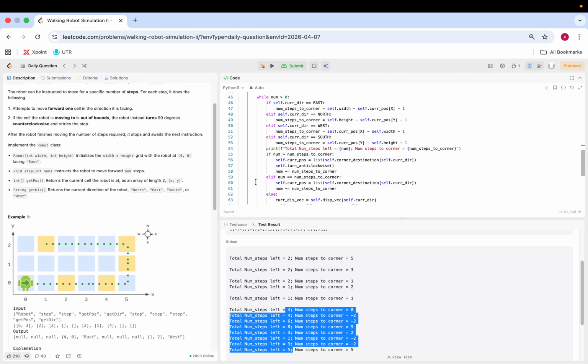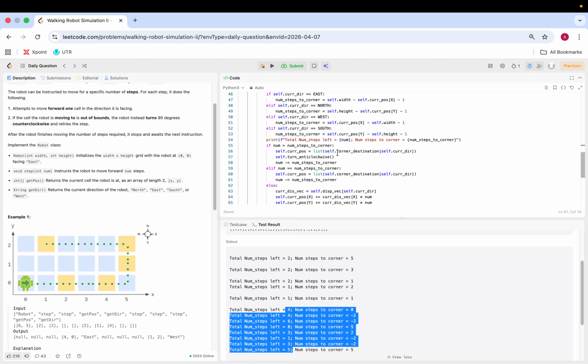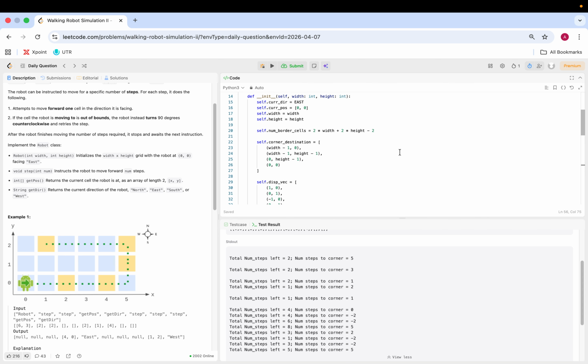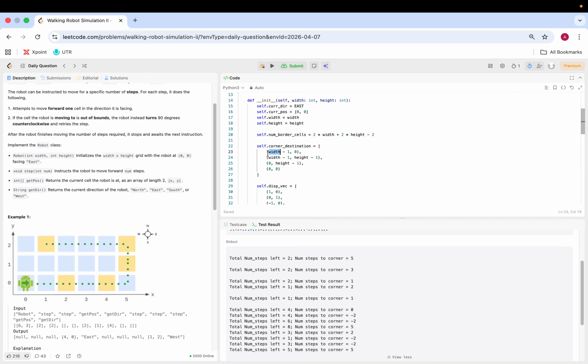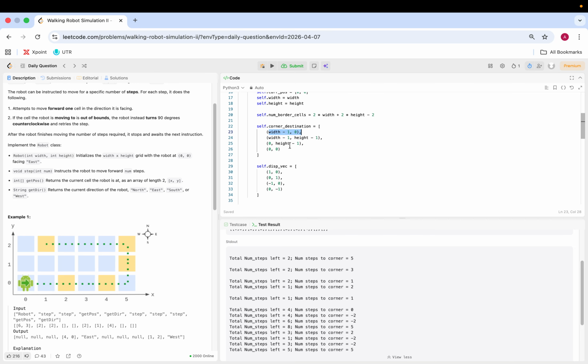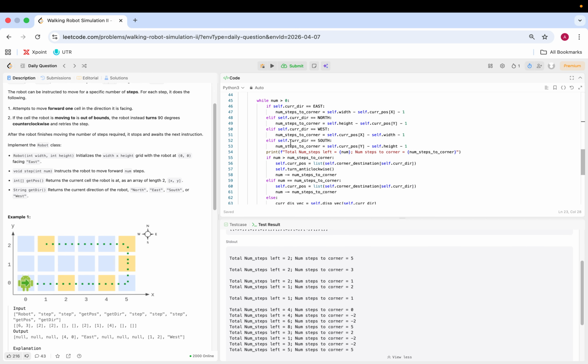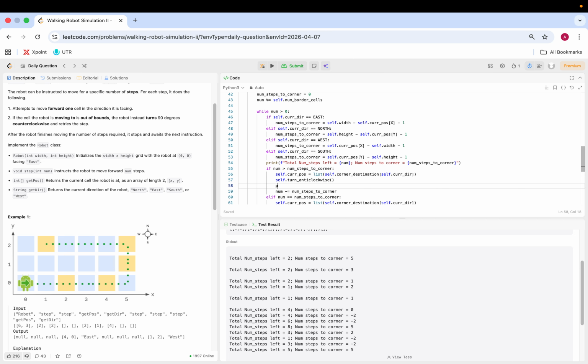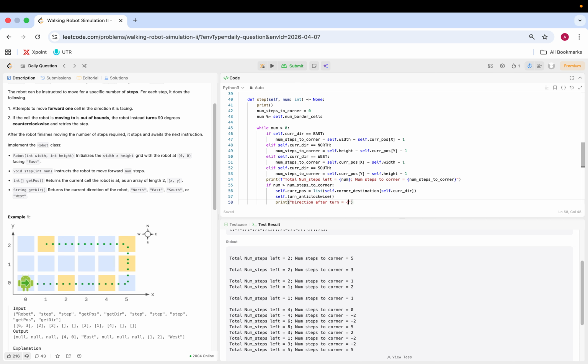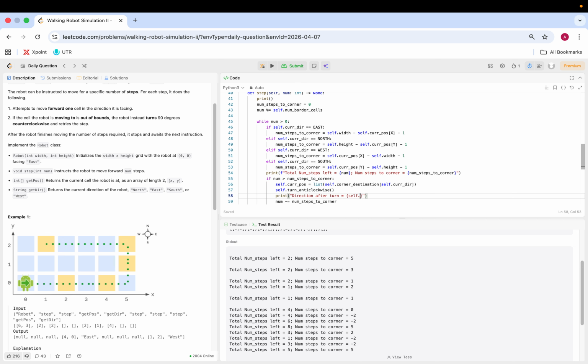Okay. So current position, current direction. If you're east, then your current position will become width minus 1, 0. Which is correct, right? 5, 0. And then maybe this is wrong. Print direction after turn is equal to self dot current position.